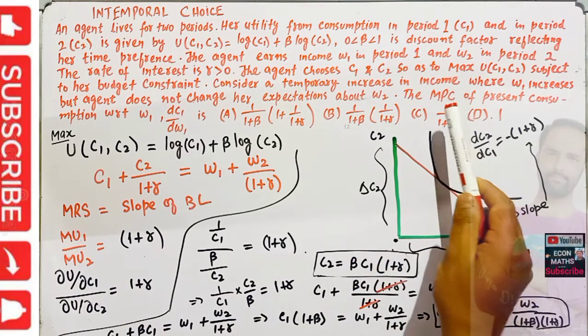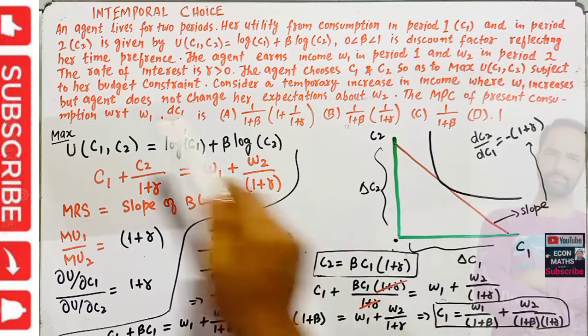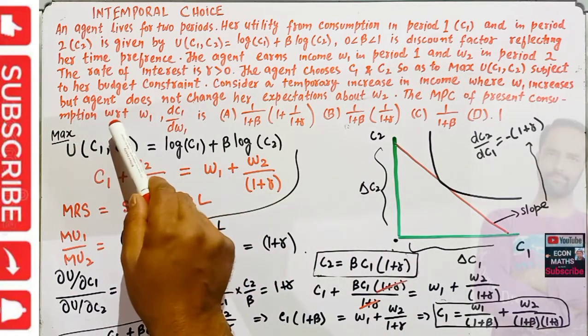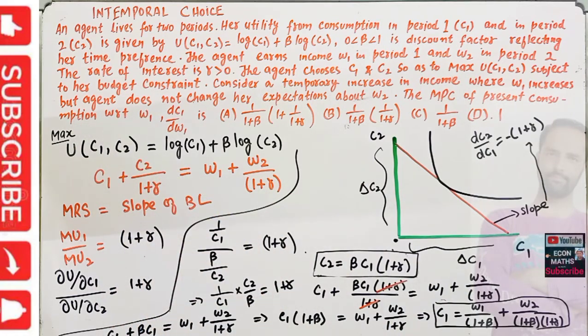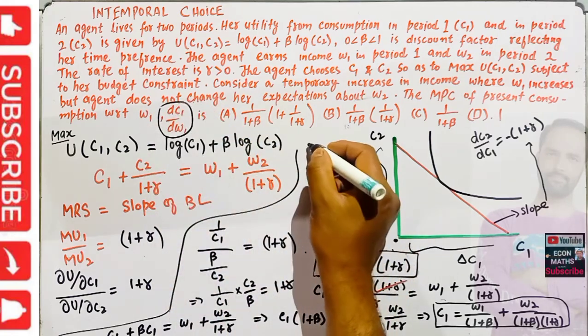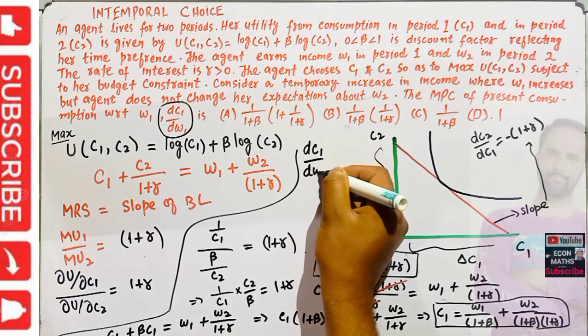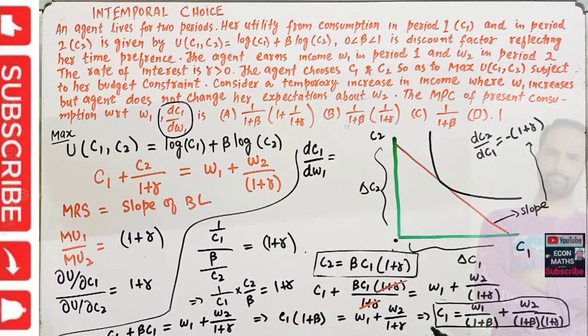Now we are told to find the marginal propensity to consume of present consumption with respect to W1. So if this is our C1, we need to find dC1 upon dW1. That means taking the derivative of this consumption function with respect to W1.